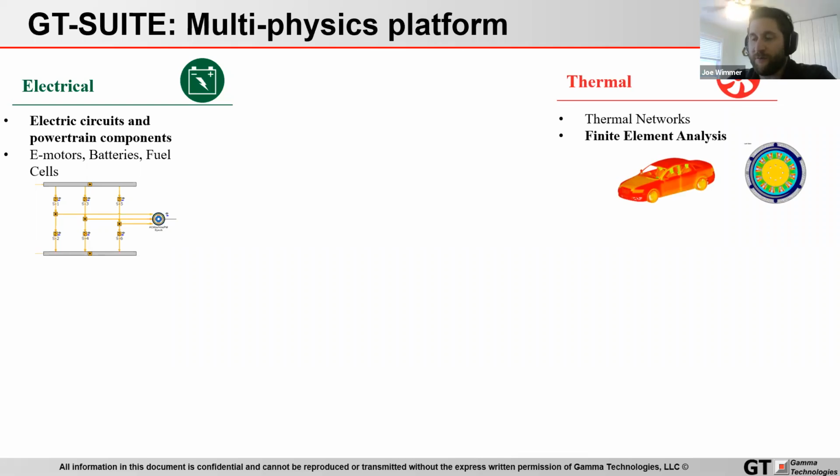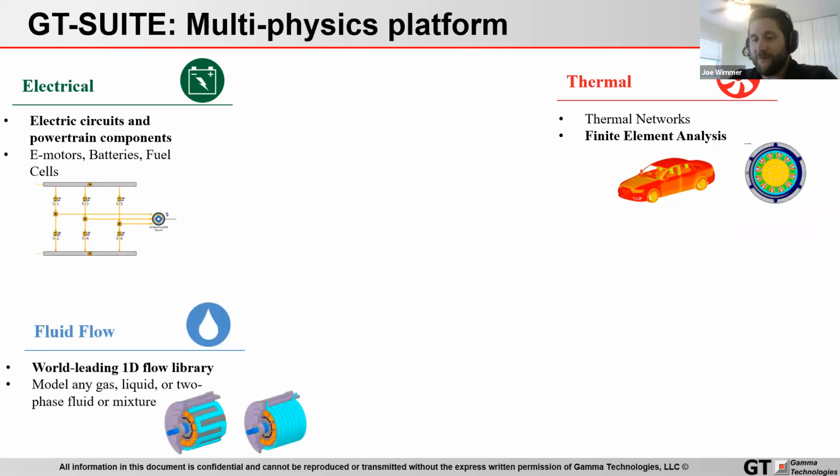Additionally, one of our strengths is the thermal modeling capabilities. We have a number of thermal modeling options, including thermal networks, where you might picture one-dimensional thermal masses and conduction and convection connections. But we also enable finite element analysis, as well as a mixture between these two. So you can have some components using finite element and other components using thermal networks in a very straightforward manner.